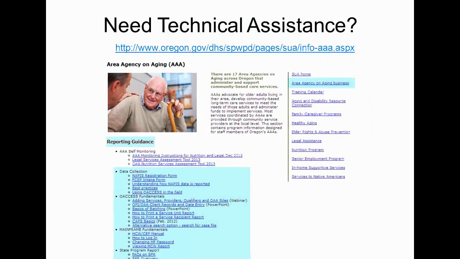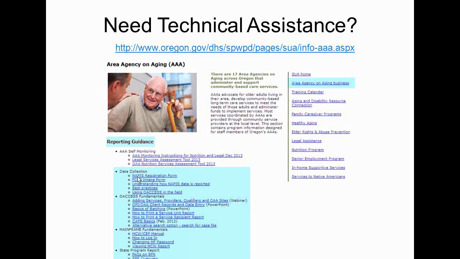So we're coming to the conclusion of our webinar. I wanted to tell you, this is just a clip of a screenshot of part of the Area Agency on Aging business page. Here is the link, and here is some reporting guidance. Under this reporting guidance, you will find some information on data collection.